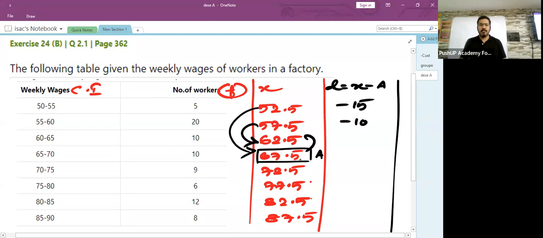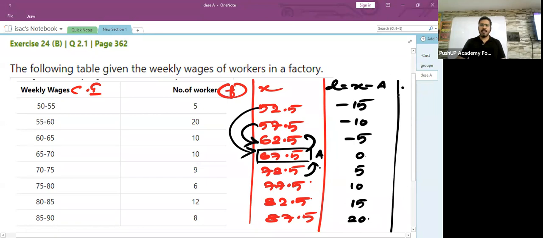Then 62.5 minus 67.5 is minus 5. Then 67.5 minus 67.5 gives you 0. Then 72.5 minus 67.5 is 5. Then comes 10, then 15 and then 20.